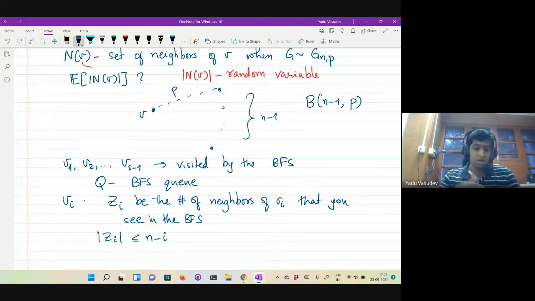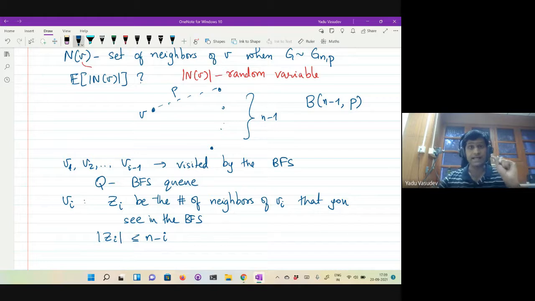Or Zi could even be zero, if all the neighbors of Vi were already visited when you did the BFS on V1 to V(i-1). So you cannot say anything about Zi if I don't tell you the structure of the graph.